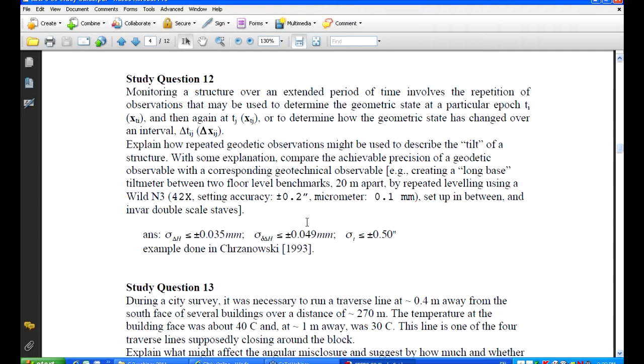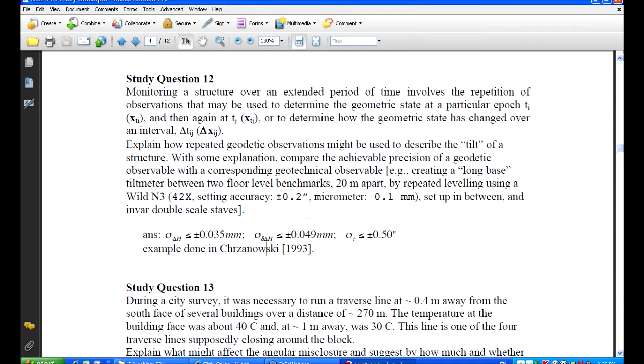Realizing that we're using an N3 and with sight lengths of 10 meters, we have a pointing and reading error combination, and we have a leveling error influence, and the two of those together provide us with the ability to determine the height difference backsight minus foresight.